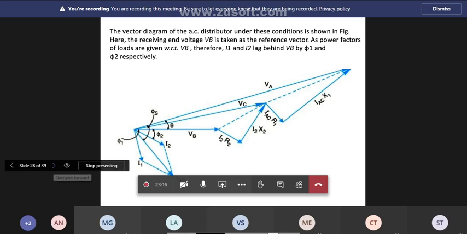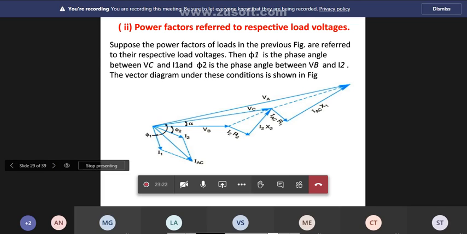Next, like that you have to determine the voltage drop of each consumer. Next one, the power factor referred with respect to the load voltage, the total load voltage. Individual consumers have their own power factors, and the total load voltage has its own power factor.